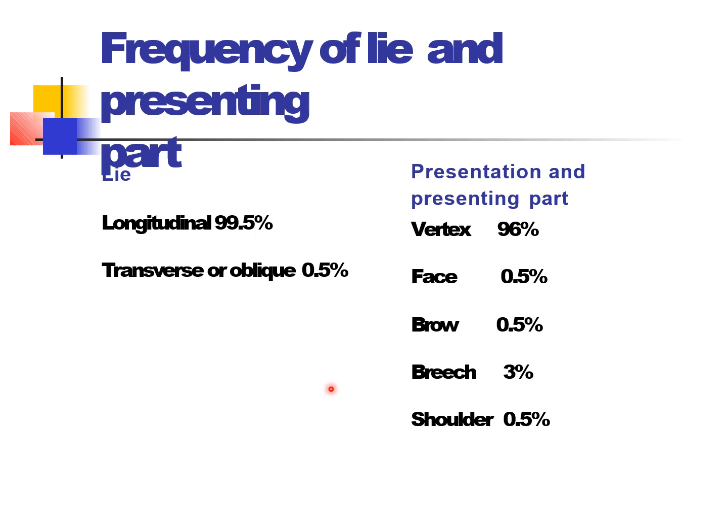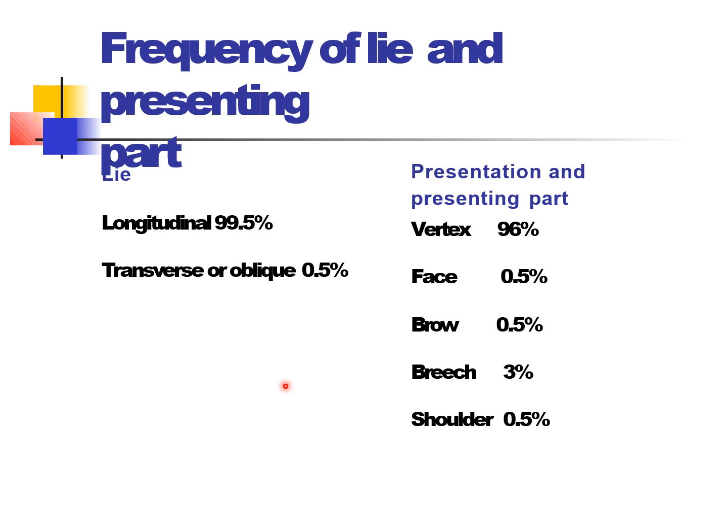Next, we can see about the lie and frequency of lie. In 99.5% of the cases, the lie will be longitudinal, and in 0.5% of the cases, you can see transverse or oblique lie. In the longitudinal lie, in 96% of the cases, the vertex will be the presenting part, or the head will be coming into the lower part of the uterus.